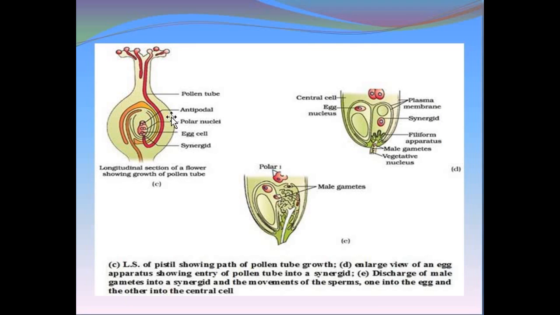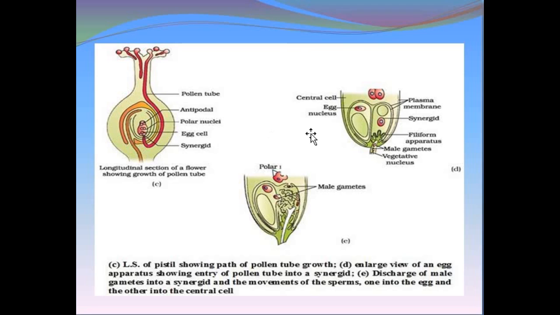So in this slide we can see the process of entry of the pollen tube into the ovule. In the first step, after pollination the pollen grain comes and sits on the surface of the stigma. After hydration it starts producing a pollen tube. This pollen tube passes through the stylar region. It curves and reaches the ovule, mainly due to the chemical substance present in the ovule.